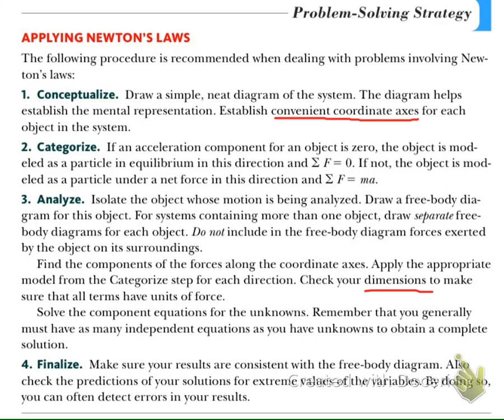If you have three unknowns, you need three equations. So you have to look at your problem. If you have n unknowns, you must find n equations to solve those unknowns.